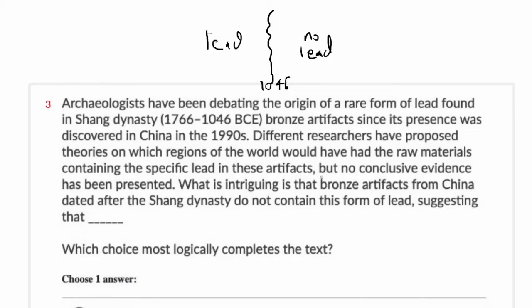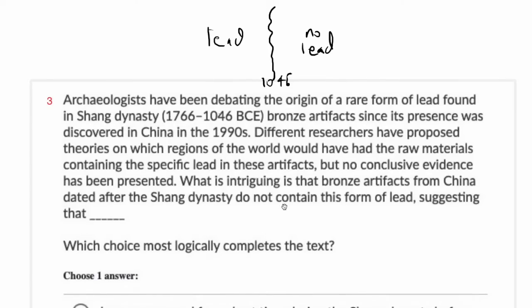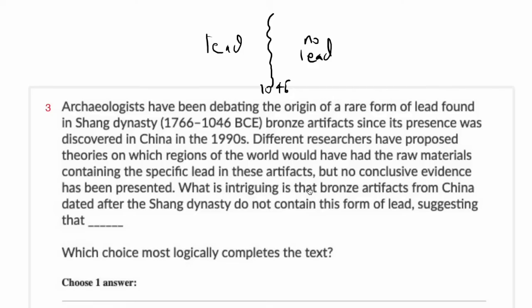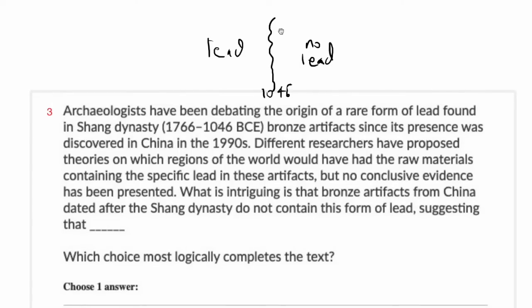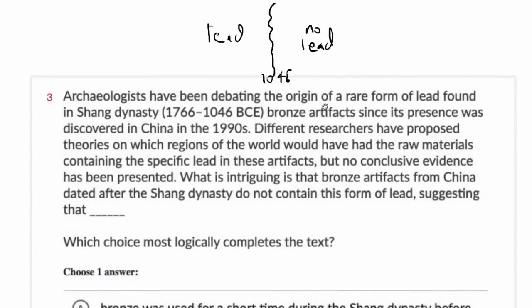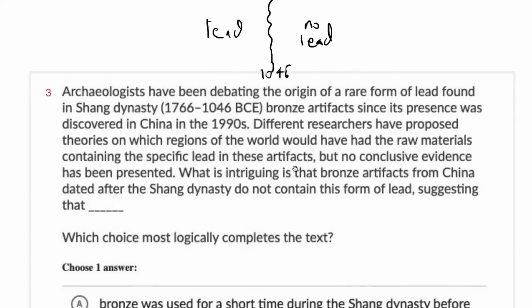It suggests that, I don't know, for some reason they stopped using lead. But I think we want to keep in mind that dividing line, that there would be some reason why they stopped using lead or why they stopped finding lead in these artifacts.